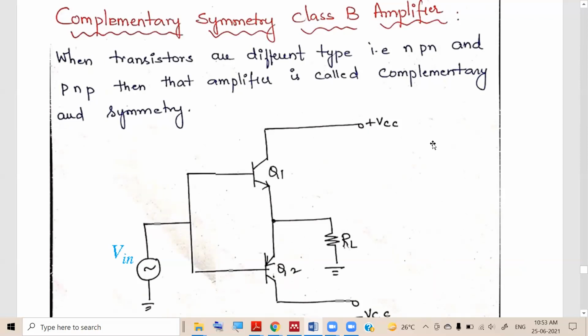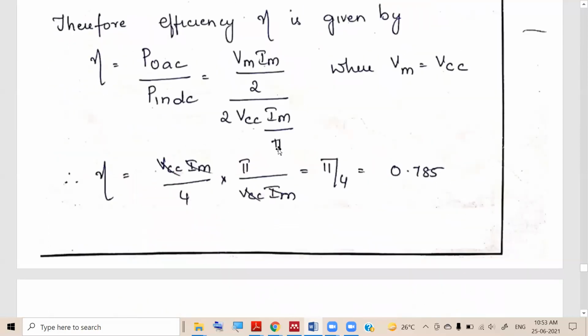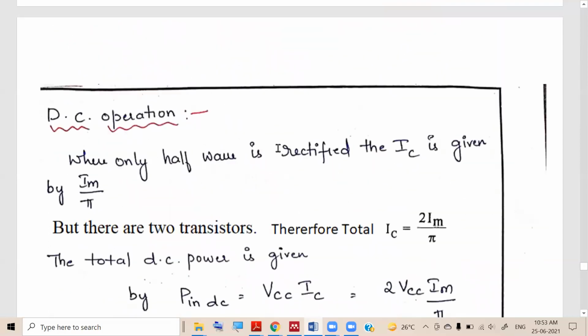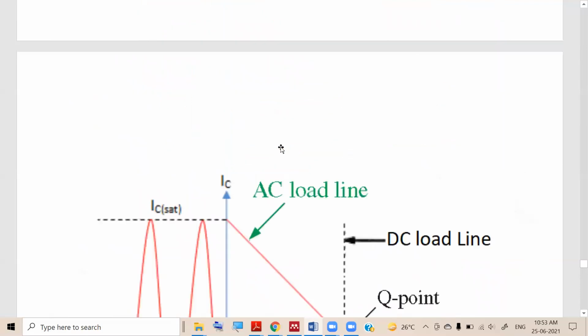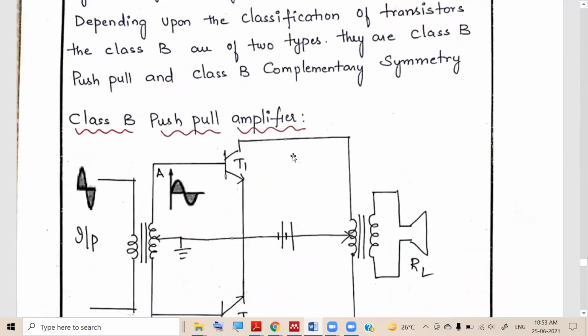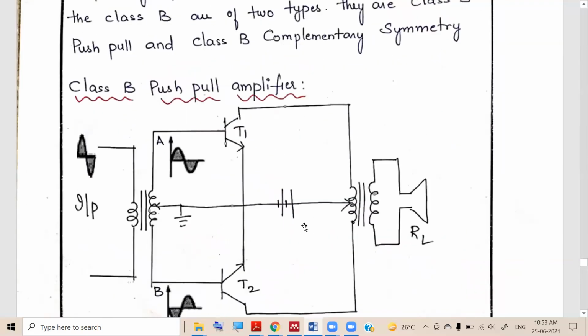DC input voltage is VCC. DC input current will be IC, right? This is the collector. So the DC input current is IC, same as for the previous circuit. Same for the class B push-pull amplifier: the DC voltage is VCC and the DC current is IC.